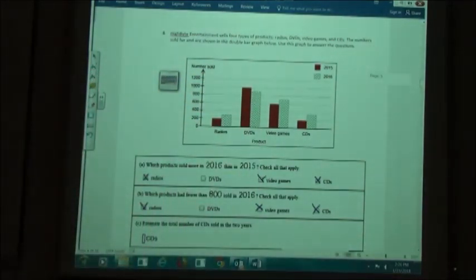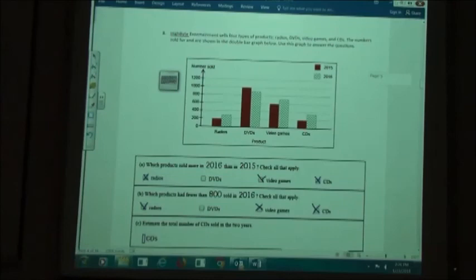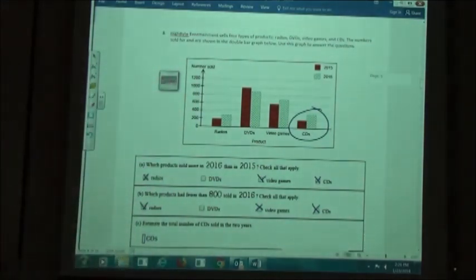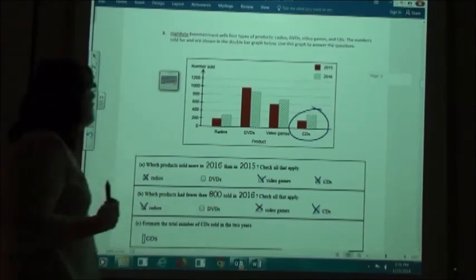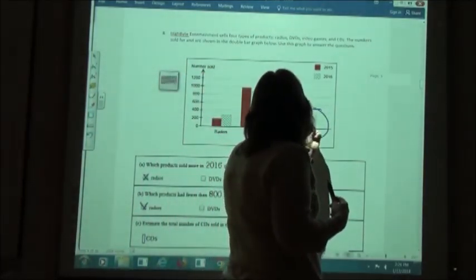Now we're back to some estimating. Estimate the total number of CDs sold in the 2 years. Oh, are we doing all the 2 years? Oh, CDs. Total number of CDs. There we go. What does it look like we've got? How much? 500 and probably a little higher than 50, right? 50 would be halfway up.